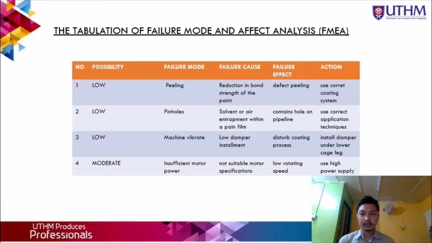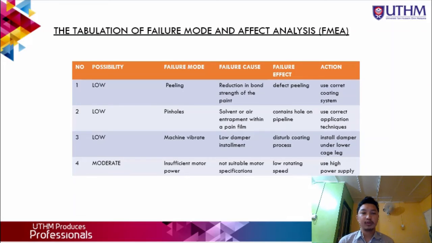And third, machine vibrates, which is a low possibility to happen, and it is caused by low damper installment, and it affects the disturbed coating process. To prevent it, we must install a damper under the lower cage lid.